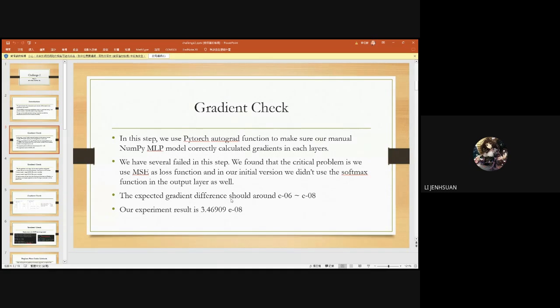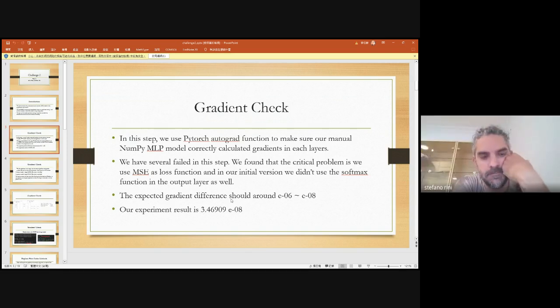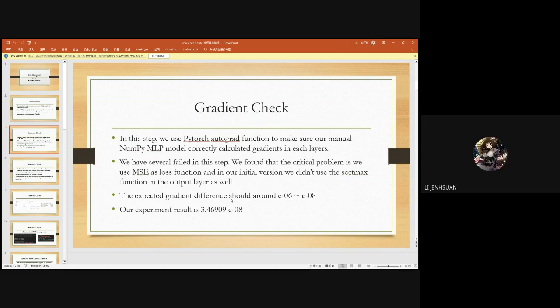We used MSE as the loss function, and we didn't use softmax initially. But finally, we solved this problem, and our experiment result is 3.46909 times 10 to the power of -8, which is the expected number. Very good. So it seems that our experiment is successful, but we still need to explore some difficulties we met in this step.